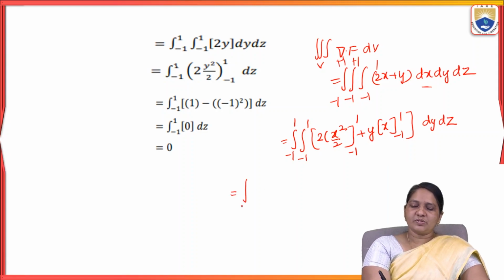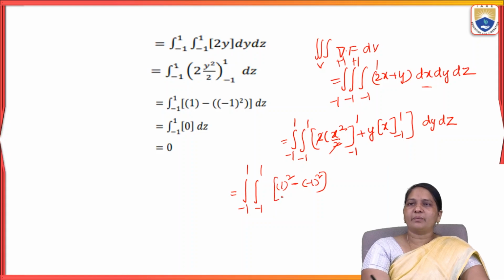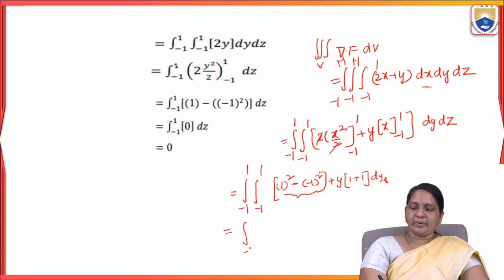Now this becomes integral minus 1 to 1, integral minus 1 to 1. 2 will be cancelled here. x² means 1² minus (minus 1)², that is upper limit minus lower limit, plus y into (1 minus of minus 1) dy dz. So this is 0. So finally we got, minus 1 to 1, minus 1 to 1, this term is 0, so we got 2y dy dz. That is what we got.